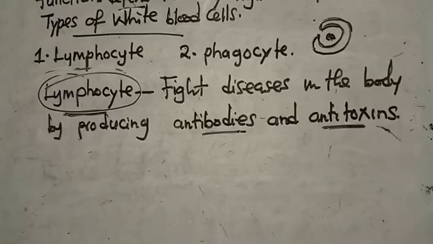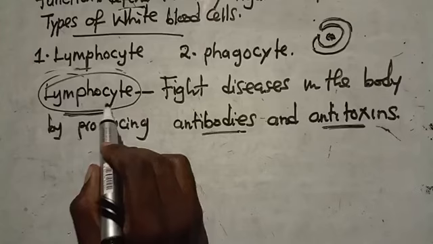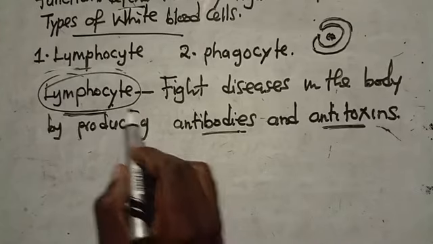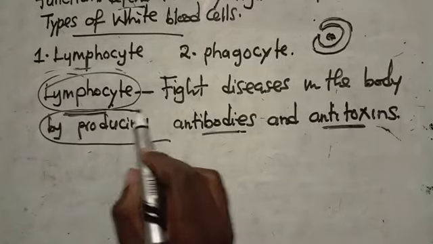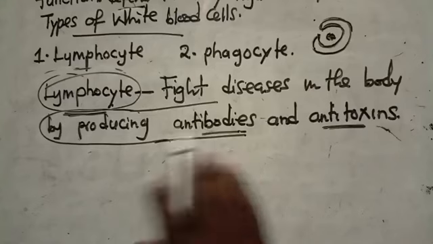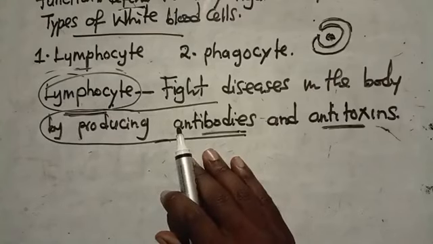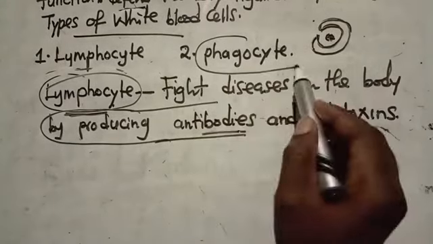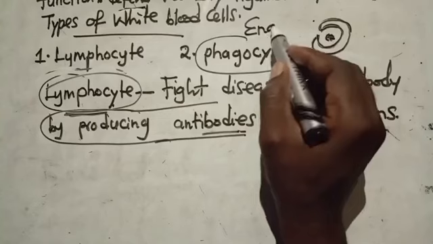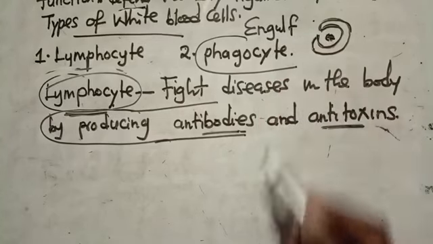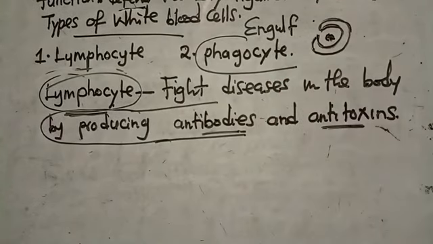Since you said they both fight diseases, what's the difference? A lymphocyte fights by producing antibodies, but a phagocyte engulfs. We've got police officers and soldiers.